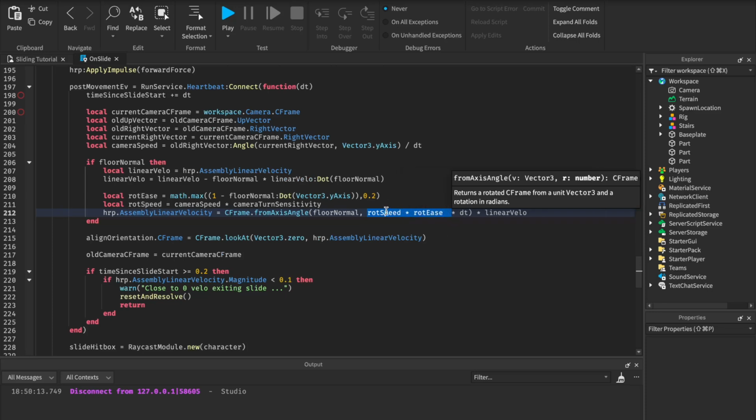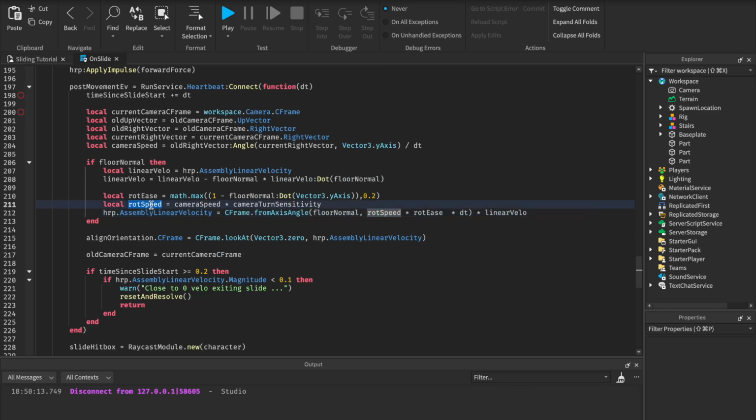So it's the rotation speed times the rotation ease times delta time. So it should be able to rotate this much per second, right? I'm multiplying by delta time because this is how much we want to rotate per frame.